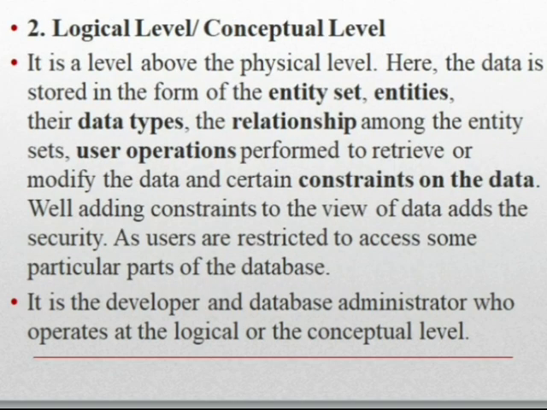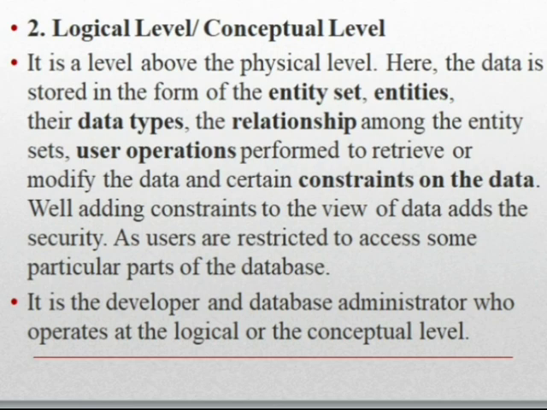Next is the logical or conceptual level. It is a level above the physical level. Here, the data is stored in the form of entity sets, entities with their data types, their relationships among the entity sets, user operations performed to retrieve or modify the data, and certain constraints on the data.